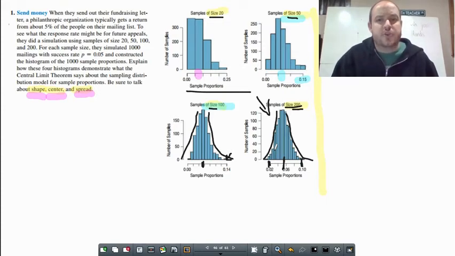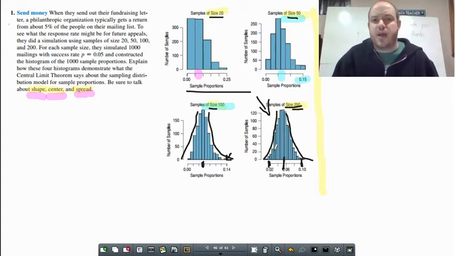hey, in terms of shape, going from 20 to 50 to 100 to 200, we can see that it gradually shifted from being skewed right to being approximately normal. In terms of center, looking at 20, 50, 100, 200, we went from being all over the place to really honing in, with our center being exactly at 0.05.